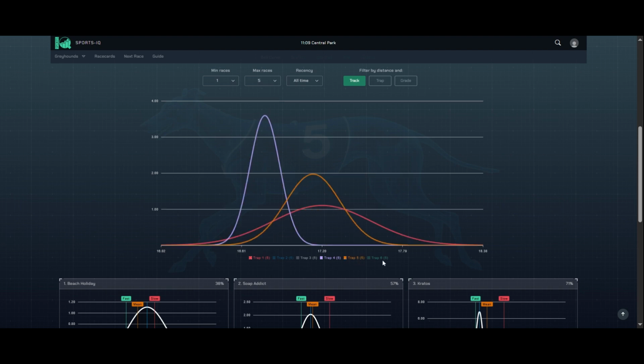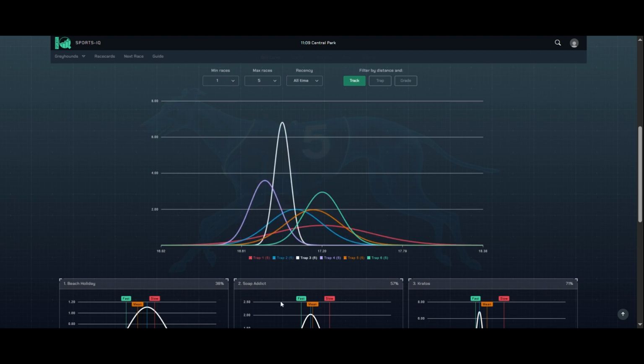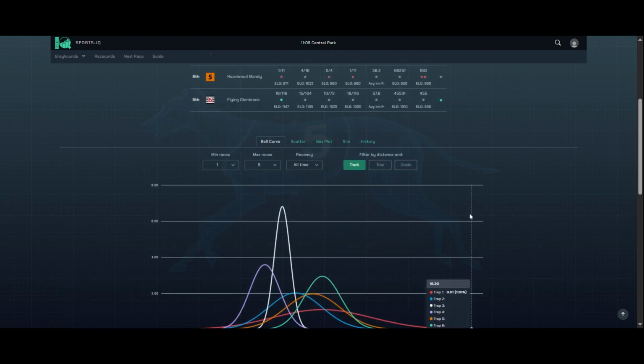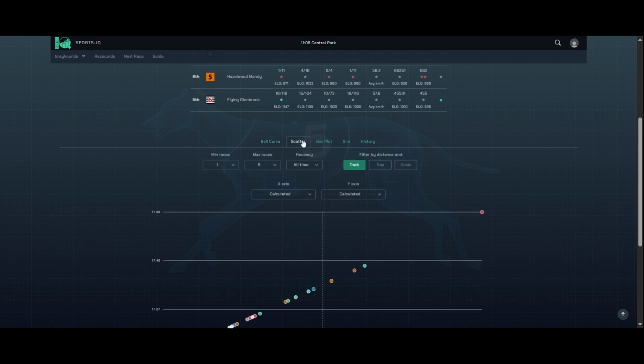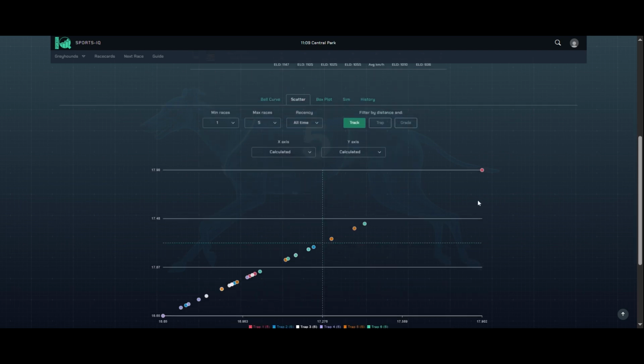When we're happy that we've got a Maverick curve, in which case this race we do, I will then come up to scatter. Scatter is set to min races 1, max races 5, recency all time, filter by distance and track, x-axis calculated, y-axis calculated.